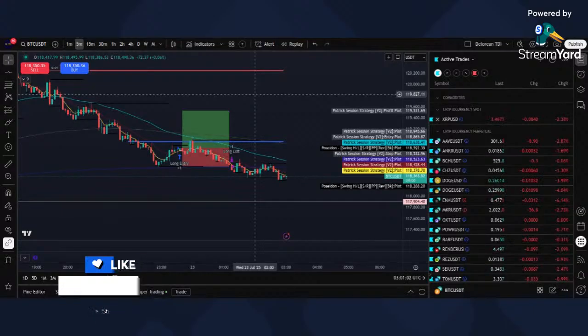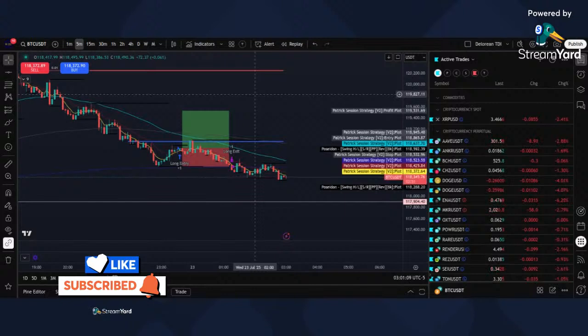Not the top of the hour. Being relatively quiet, the strength of consolidation on Bitcoin. If we get nothing at 3 a.m., our next time to enter the market will be at 3:15 a.m.